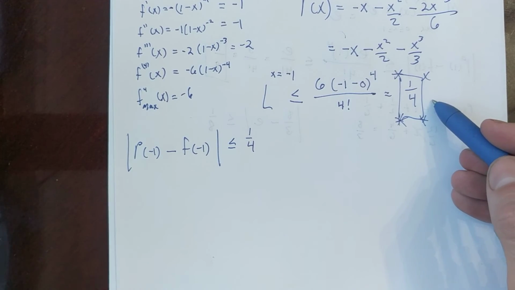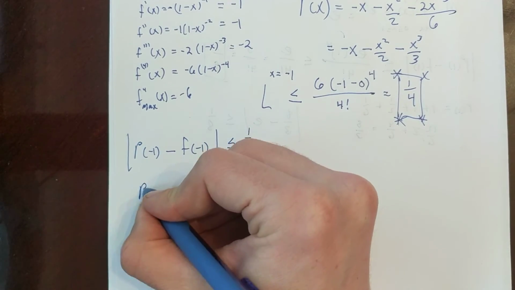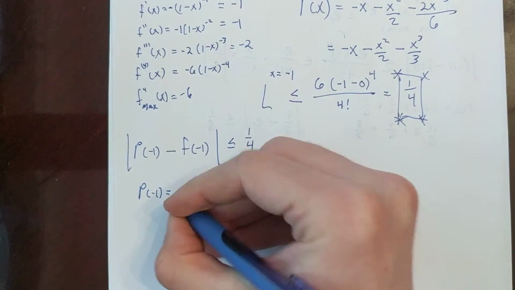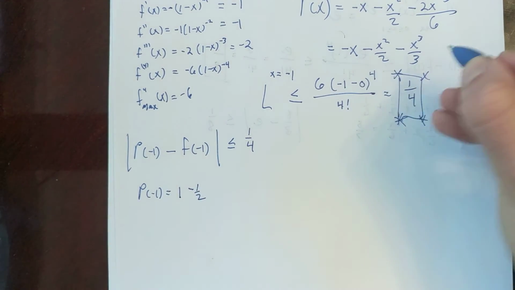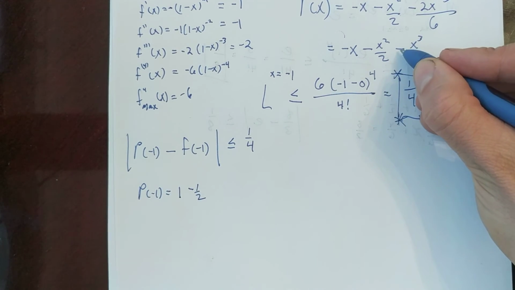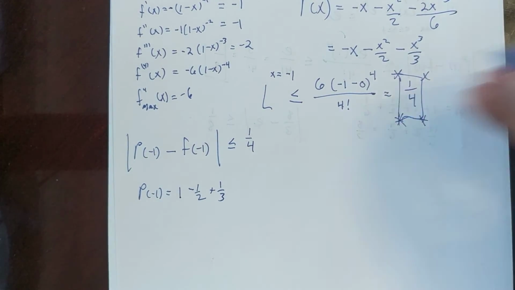Which is what we said. So if I look up here at my polynomial, plugging in negative 1, p of negative 1 equals 1 minus 1/2, because that's negative, so that actually cancels out, plus 1/3, okay?